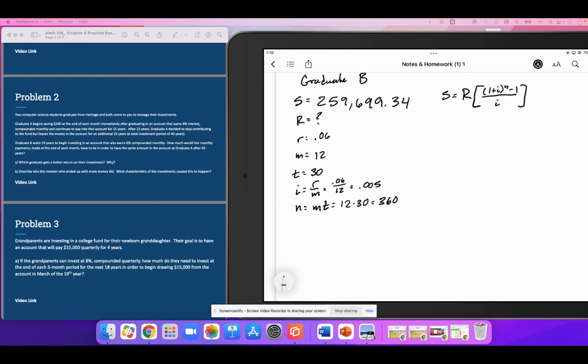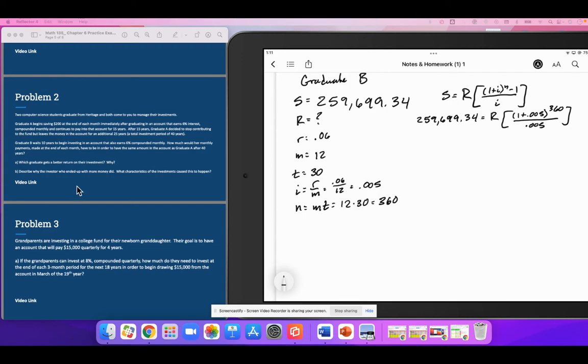And so our S, 259,699.34, equals R times, we don't know what R is going to be, that's what the payment's going to be, 1 plus 0.005 to the power of 360 over 0.005.